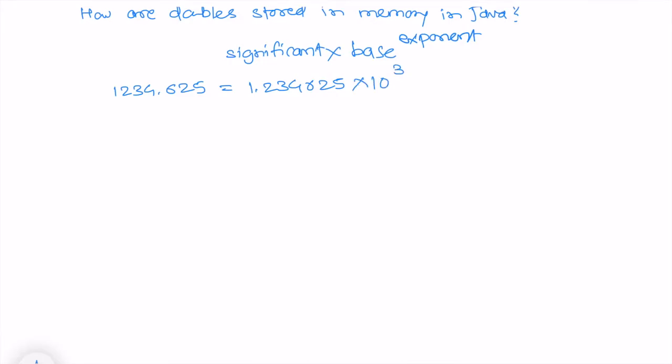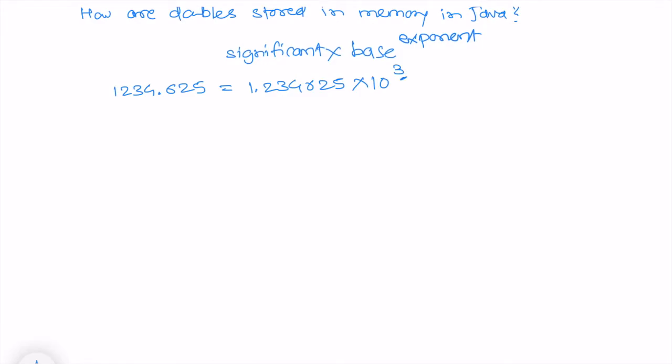The idea here is to move the decimal point to the left so much that we have only one digit to the left of the decimal point, which is a non-zero digit. So in this case, it is 1.